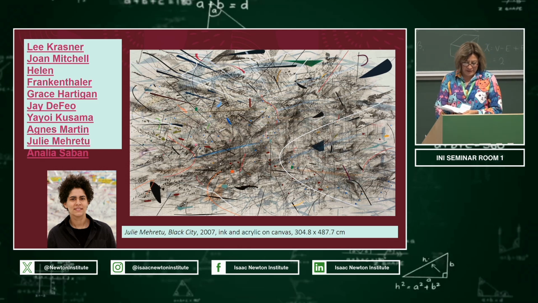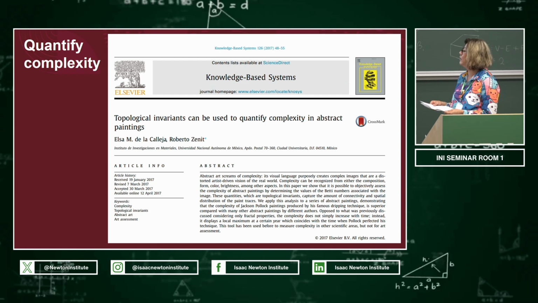The work I am presenting to you is about topological invariants used to quantify complexity in abstract art. The fundamental idea is to measure complexity using numbers from various artists framed within abstract expressionism and compare that degree of complexity with the king of abstraction, Jackson Pollock.